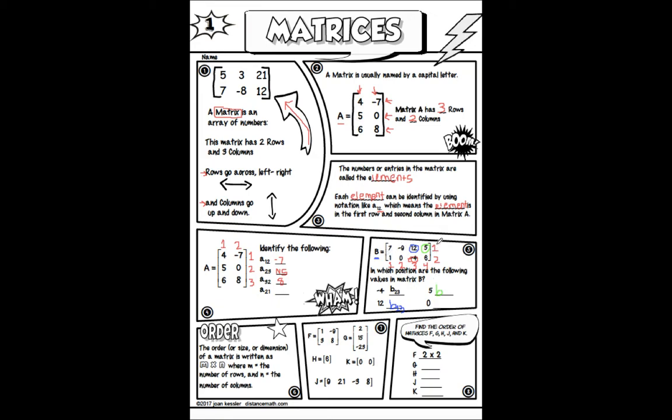It is on the first row, and it is in the fourth column, so it would be B, 14. And then I'll let you try 0 on your own. I'll give you about 30 seconds to name the element position for 0. Press pause if you need to.